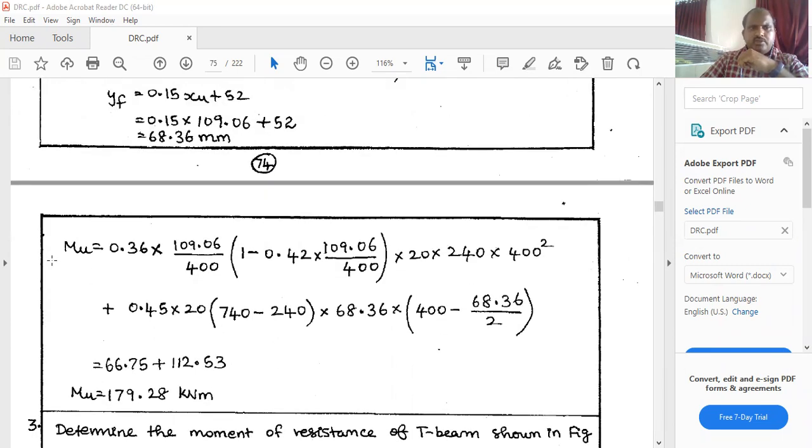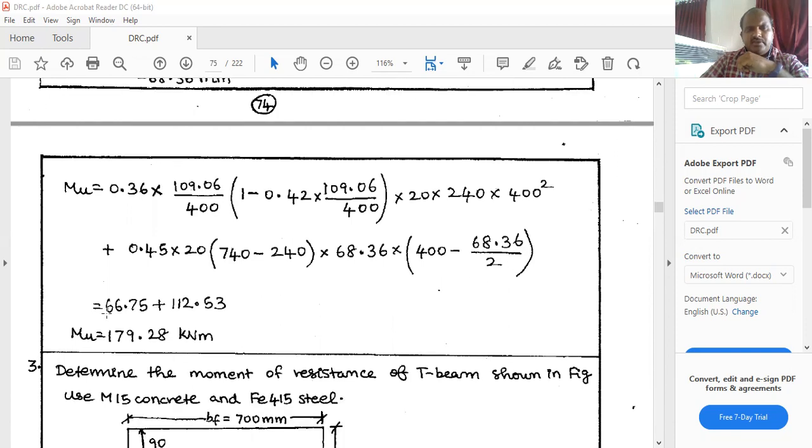So finally, YF is 68.36 mm. The next one is MU equal to 0.36 into 109.06 into (1 minus 0.42 into 109.06 divided by 400) into 20 into 240 into 400 squared, plus 0.45 into 20 into (740 minus 240) into 68.36 into (400 minus 68.36 over 2).